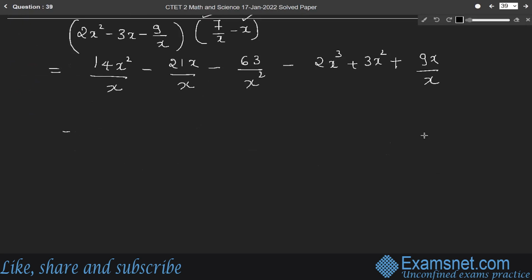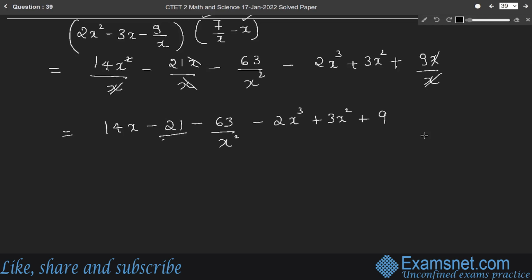Therefore, you can cancel similar terms, that is x and x. Here also x and x. So here 14x minus 21 minus 63 by x square minus 2x cube plus 3x square plus 9.